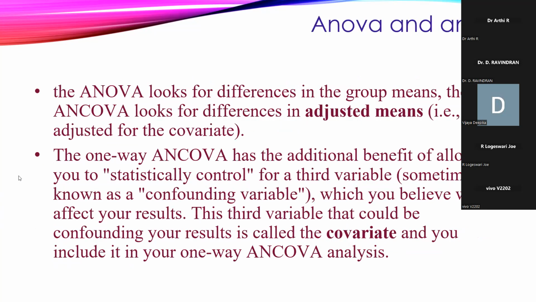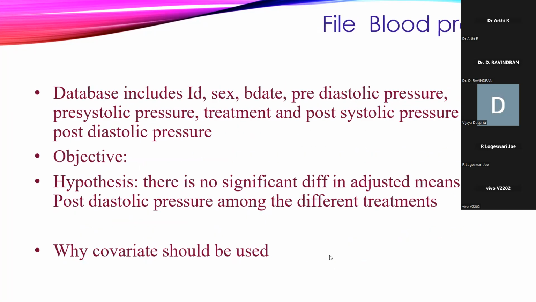Here, the one-way ANCOVA has an additional benefit of allowing you to statistically control for a third variable, which you believe will affect your results. This third variable that could be affecting your results is called the covariate, and you should include it in your one-way ANCOVA analysis. The database comprises ID, sex, birth date, pre-diastolic pressure, pre-systolic pressure, treatment, post-systolic pressure, post-diastolic pressure.